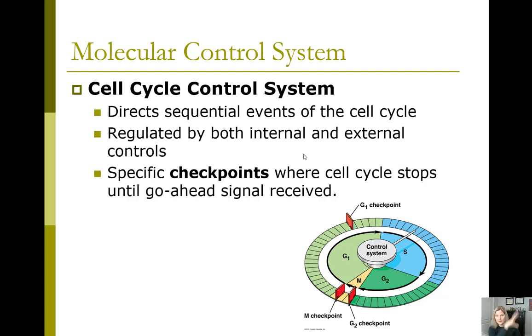And then outside the cell itself, there could be like a hormone or something that prevents it from dividing or tells it to divide. So there's specific checkpoints where the cell cycle will stop until it receives a go signal. There's one in the G1 phase, towards the end of it, one at the end of the G2 phase, and then one during the M phase, or metaphase part of mitosis. Okay.